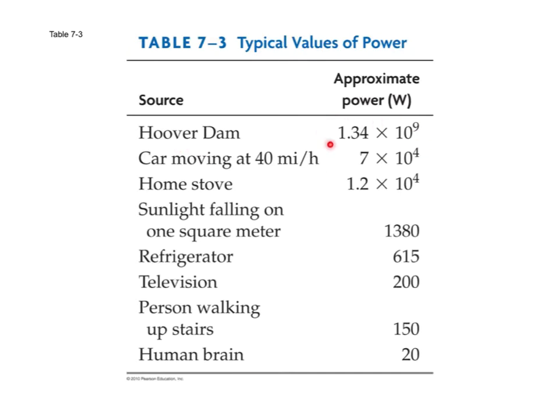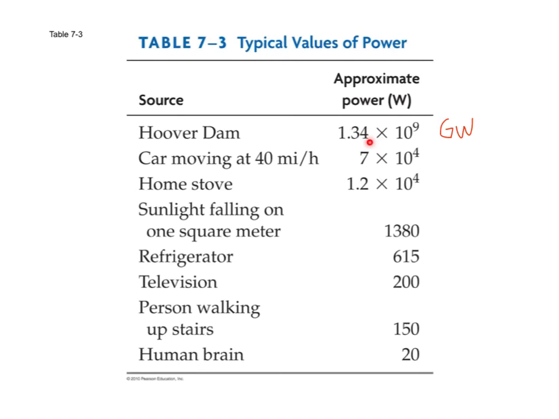This creates 1.34 times 10 to the ninth watts. That's 1.34 billion watts, or gigawatts. If you recall from Back to the Future, they called it gigawatts that the DeLorean required: 1.21 gigawatts. So the Hoover Dam produces just a little bit more than the whole Back to the Future time traveling DeLorean requires to run. That's a lot of power.